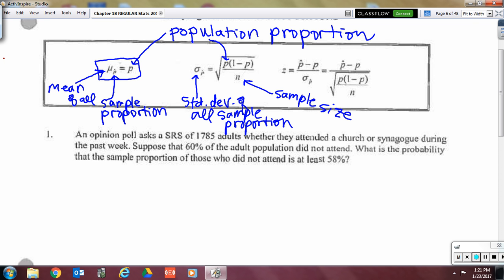N is the sample size. So on Friday, you guys had 50 M&Ms in your sample. So you guys all had the N value of 50. Okay, so N is sample size.